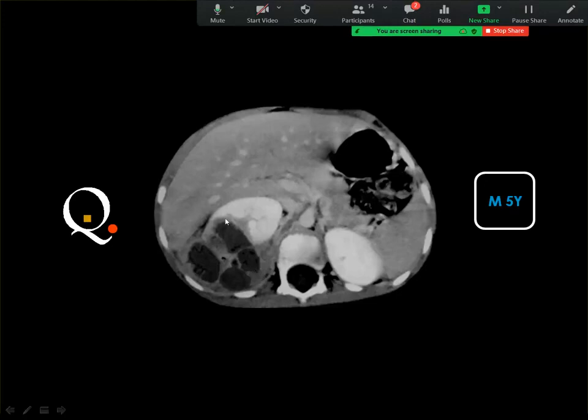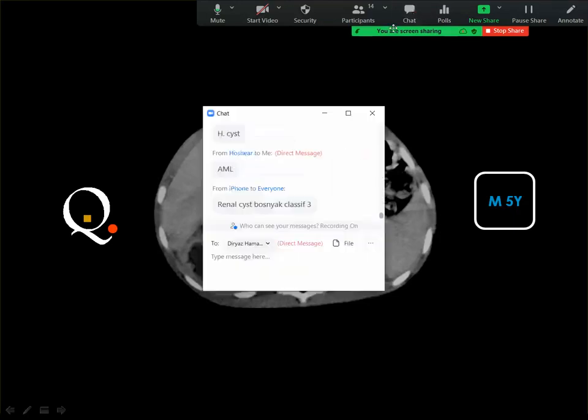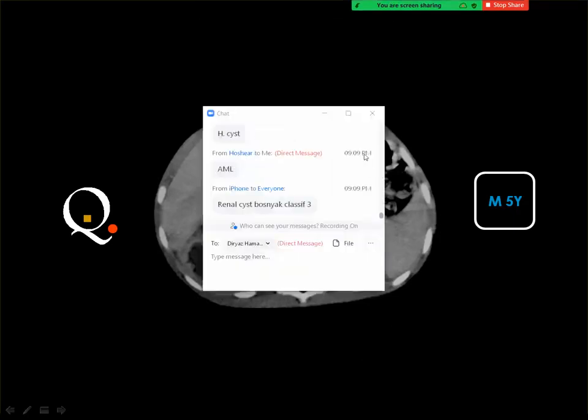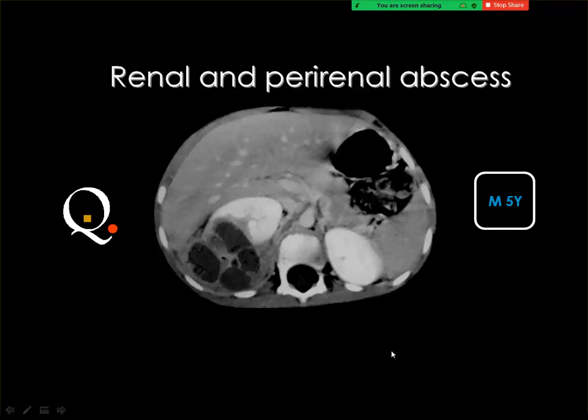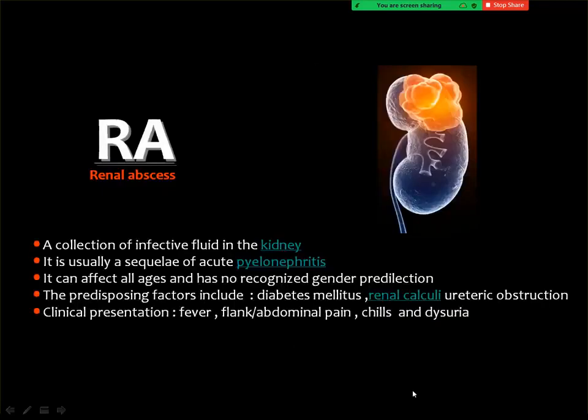But this lesion is in the form of multiple loculi, and it extends outside the confinement of the kidney, associated with obliteration of the renal fat, and this is diagnostic of renal abscess. Okay, this is not fat to consider angiomyolipoma. This is fluid. Maybe the image is not that good, but this is a renal abscess with perinephric extension.